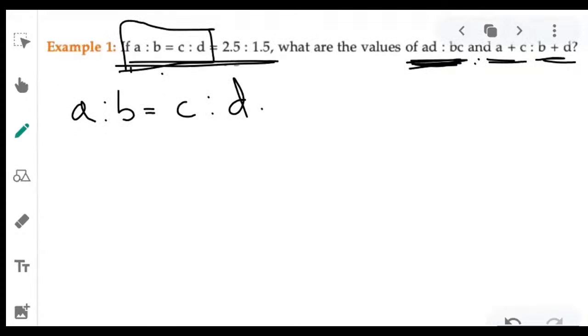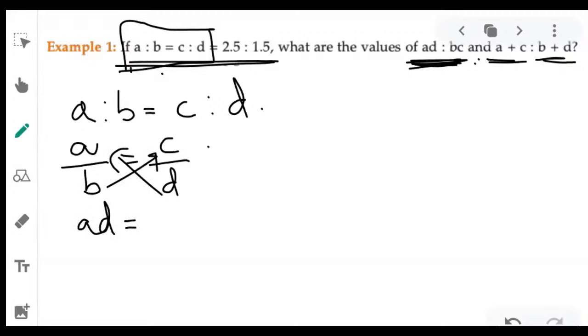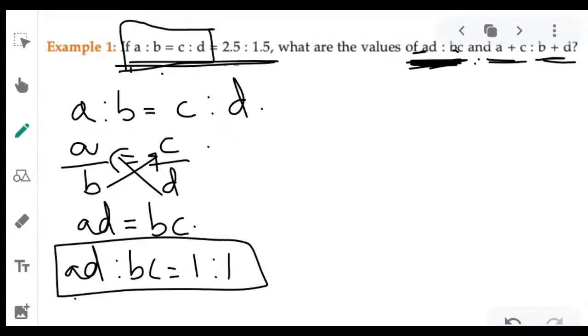If you don't remember that, again, still do this. A by B is equal to C by D. On cross multiplication, AD is equal to BC. So when you have AD is to BC, you know that both these values are equal. So AD is to BC should be equal to 1 is to 1. Right?